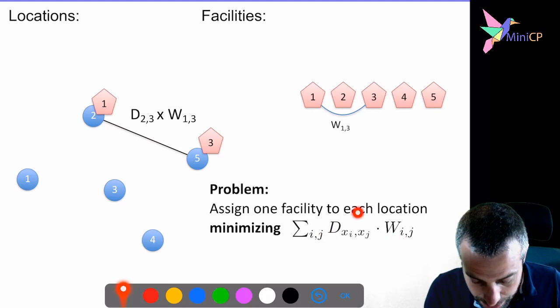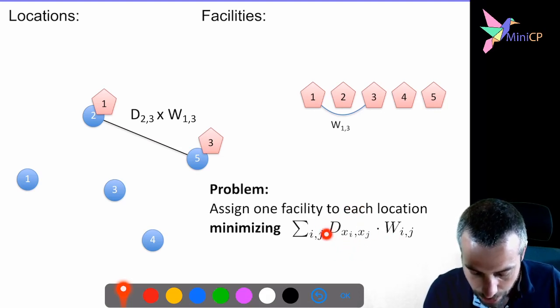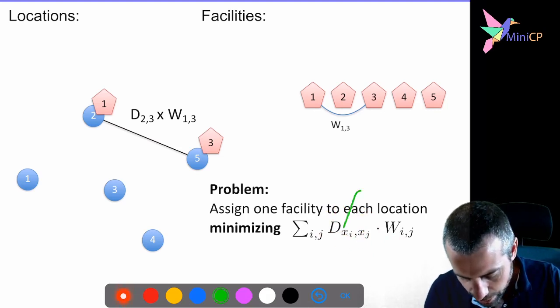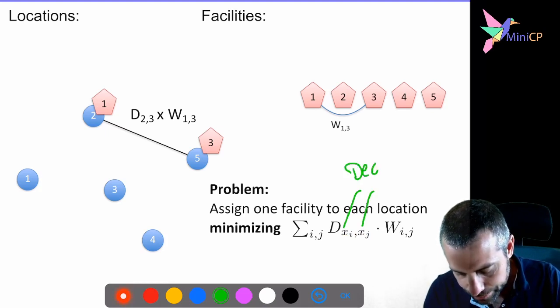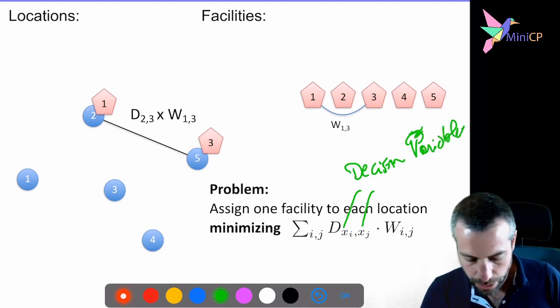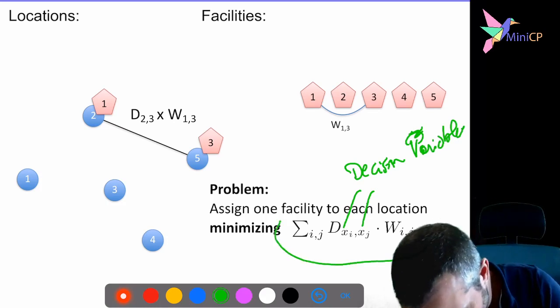This is clearly dependent on the decision that we will take. This is why it's indexed by the decision variables of my problem. These two here are really the decision variables, this is what I need to decide, and this is overall what I want to optimize.